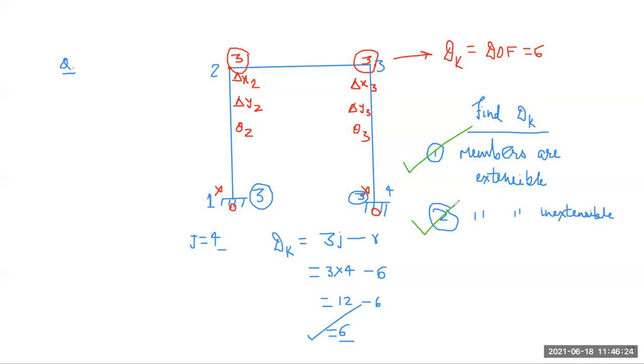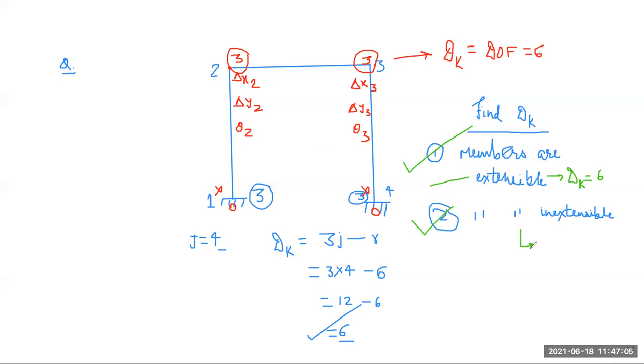What are the possible displacements? I solved the first part: when your members are extensible, Dk is equal to 6. Solve this part: when members are inextensible, what is the Dk value?